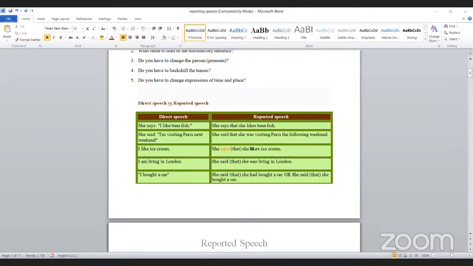It's somewhat complicated. So what you need to understand is you need to have a good practice on this.